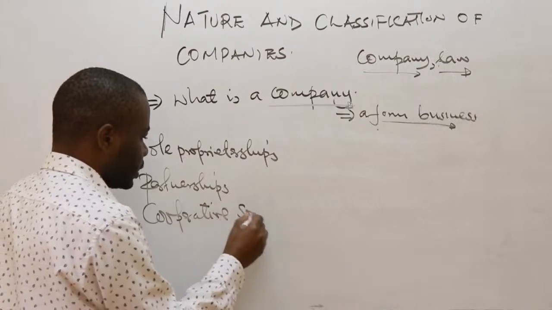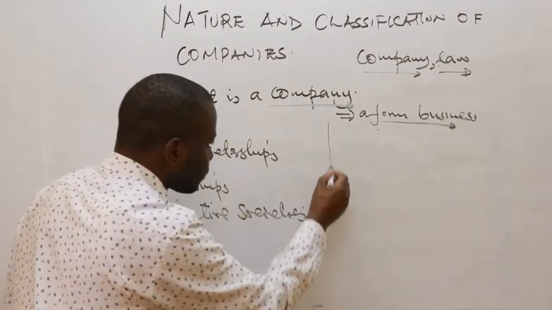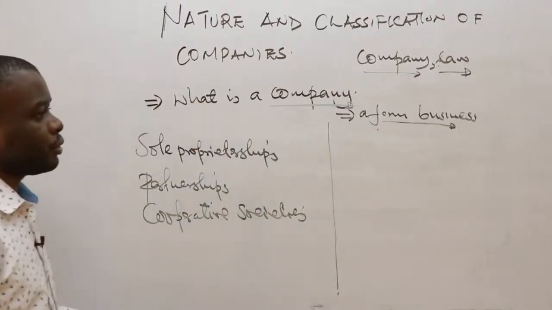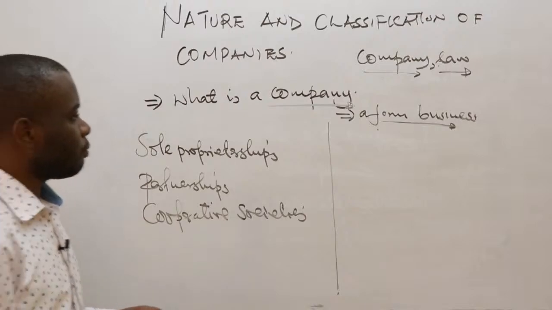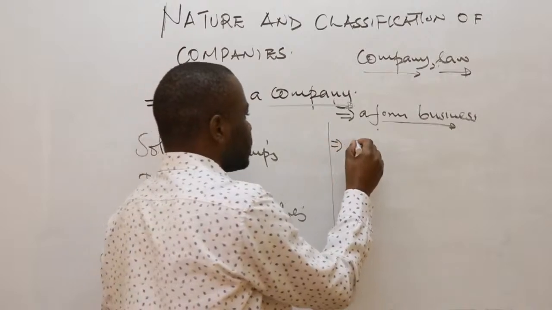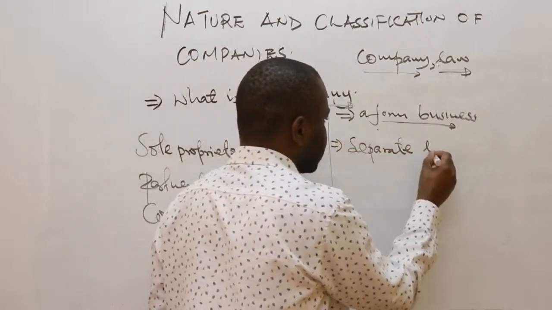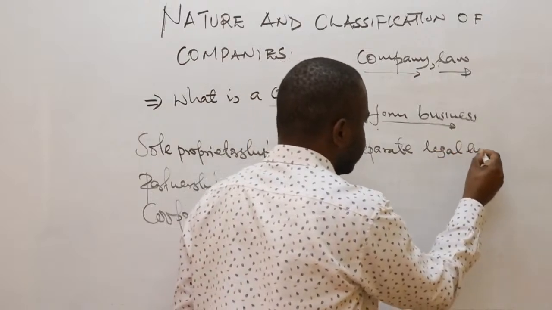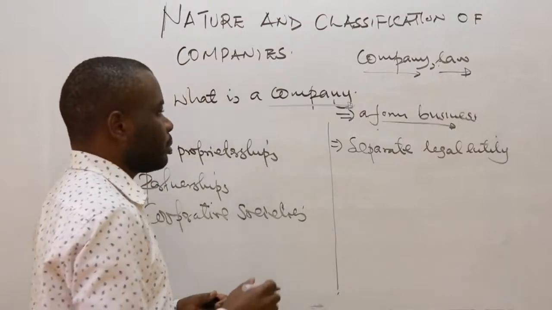When you talk about a company, it has very unique characteristics. For example, as a form of business, the first key thing is that it is a separate legal entity. So this is characteristic number one. It is a separate legal entity.